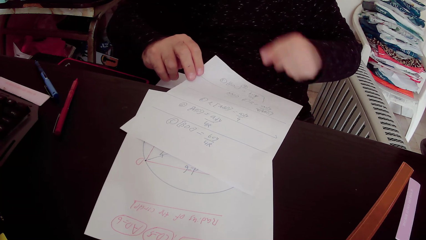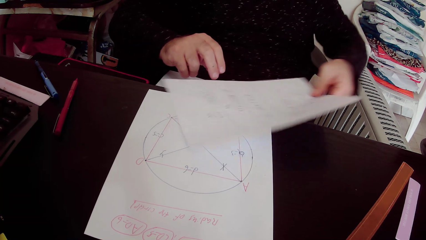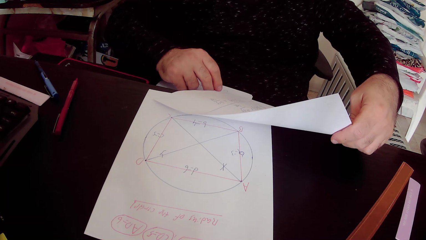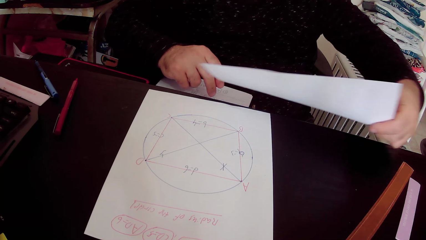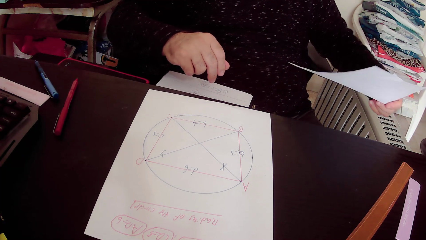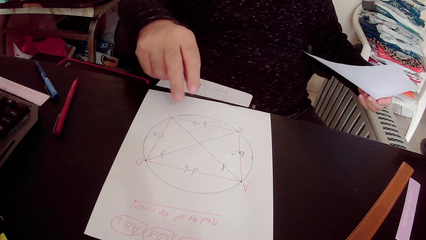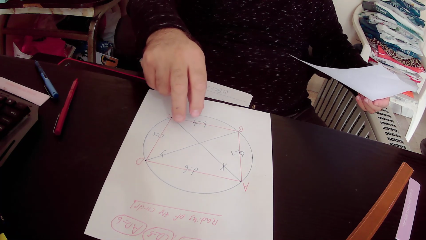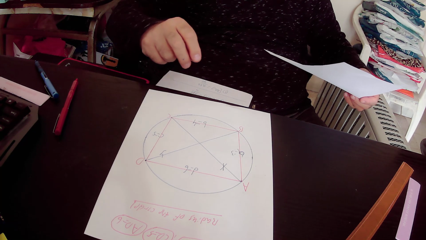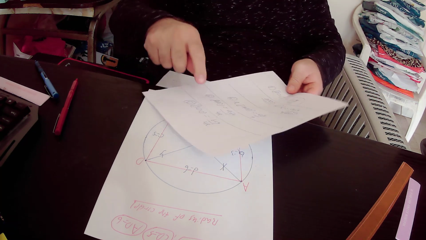Okay? So we found out that the area of triangle BDC equals bcy over 4R.